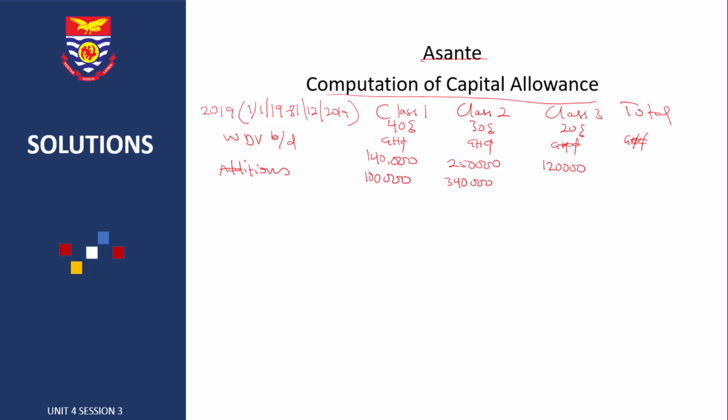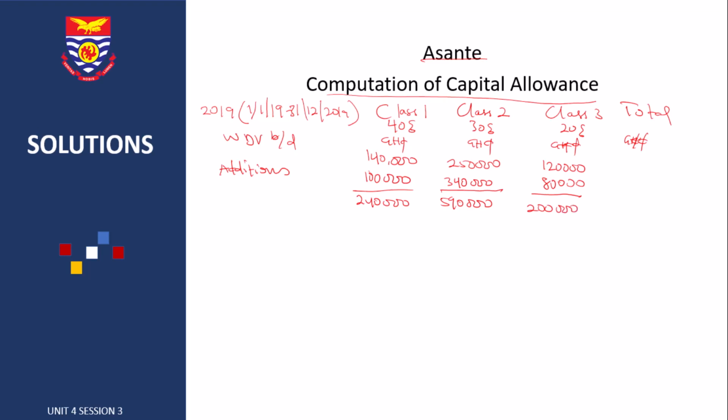We are doing for 2019, so we are considering only transactions that occurred in 2019. So we have 80,000 here. So that's the transactions that took place in 2019 in terms of purchases or additions. So here we have 240,000. Here we have 590, and here we have 200.